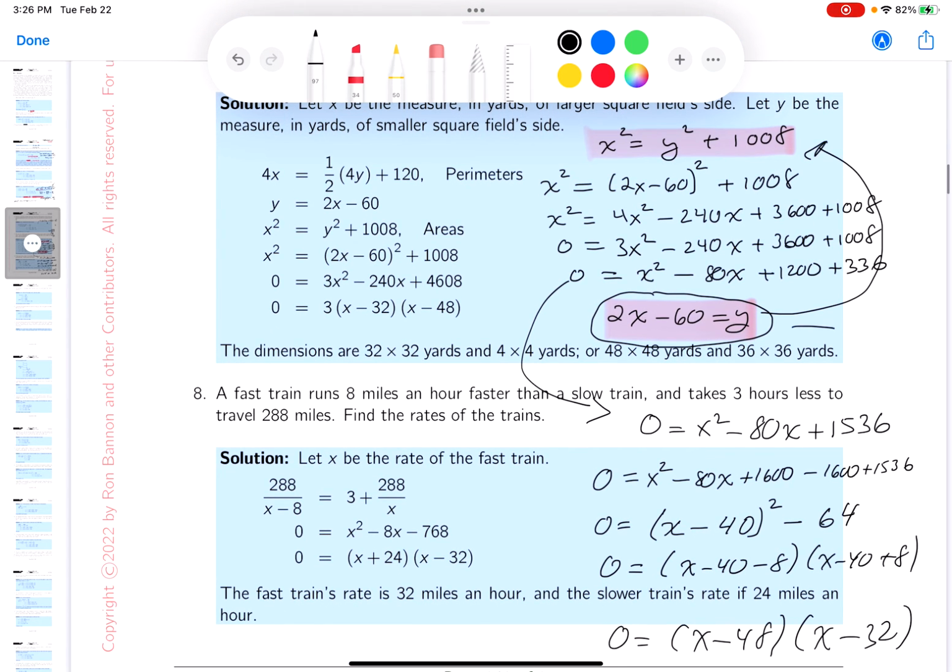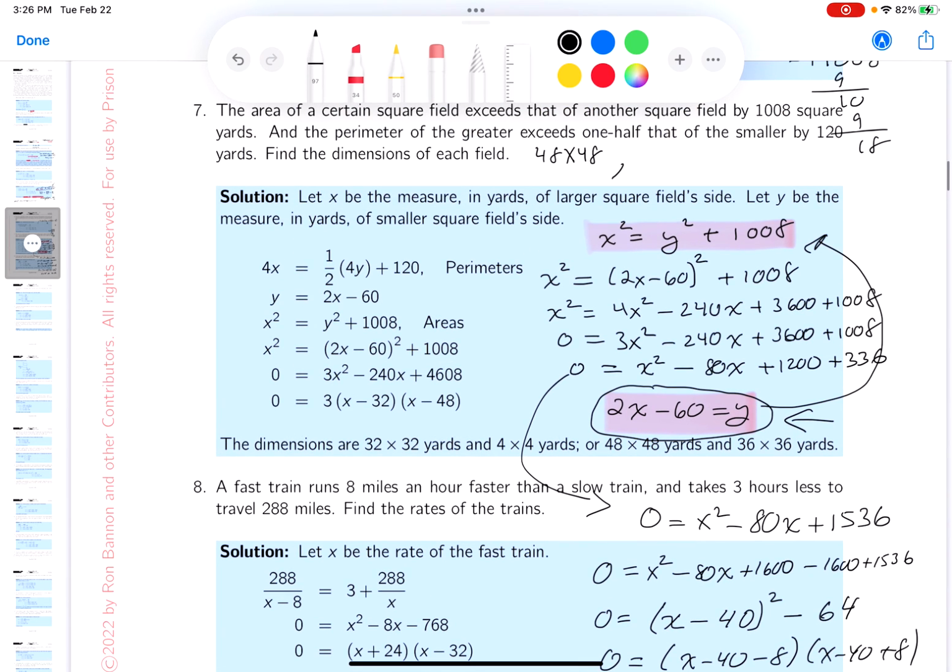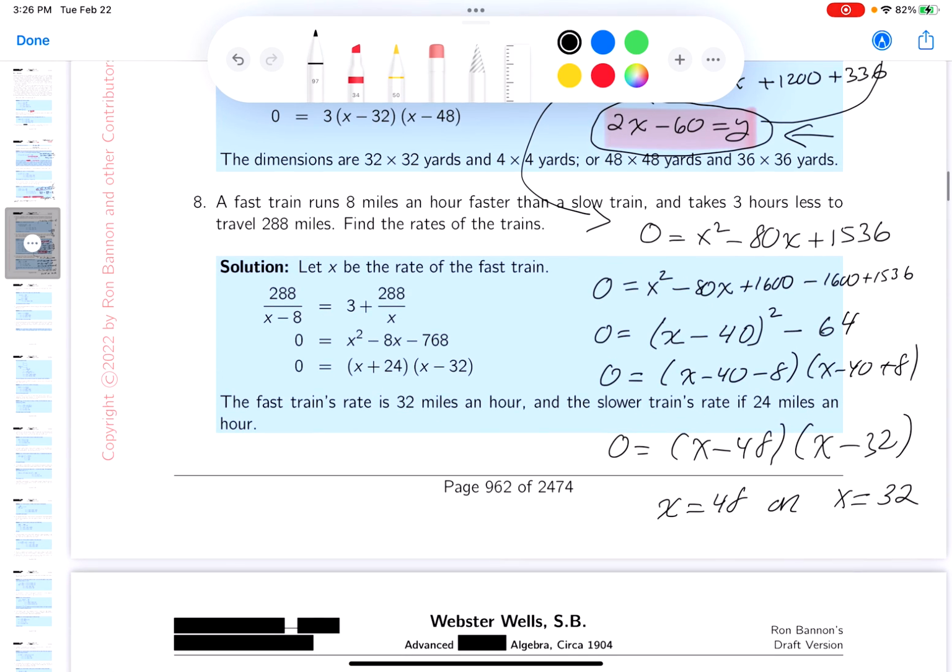Well, 2 times 48 is 96, and 96 minus 60 is 36. So the smaller square would be 36 by 36. That's if I chose this one here.